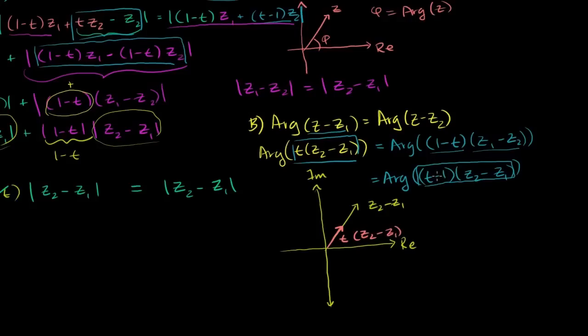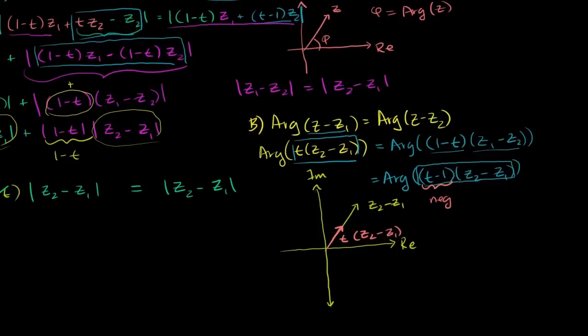Now, what would (t minus 1) times (z2 minus z1) look like? Well, t is between 0 and 1, so t is less than 1. So t minus 1 is going to be a negative number. So we're going to be scaling z2 minus z1 by a negative number.